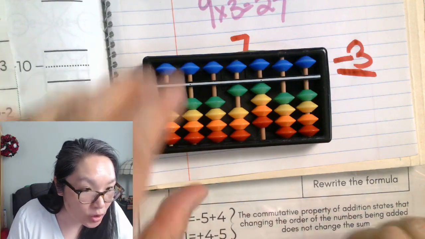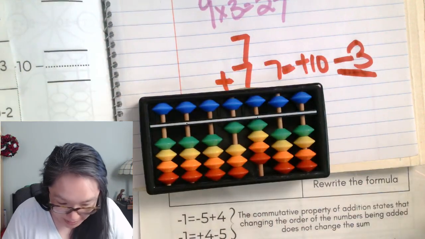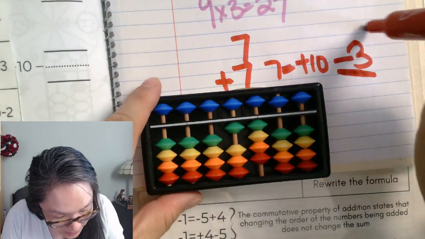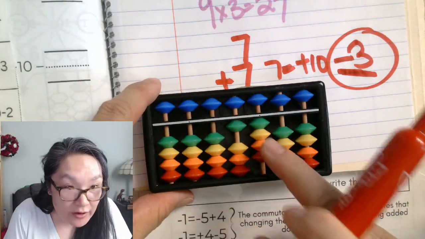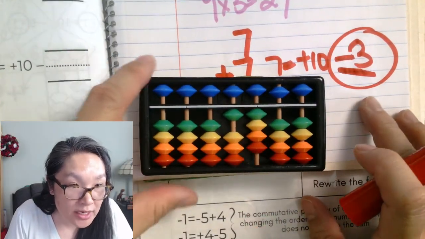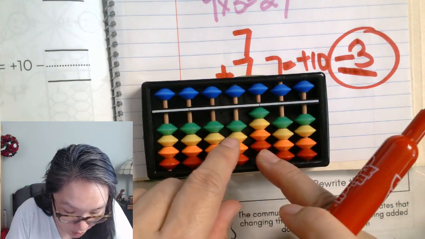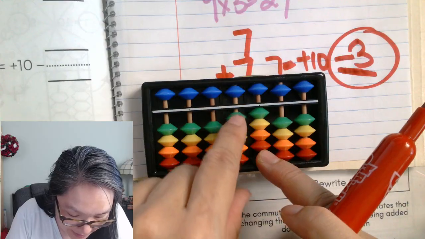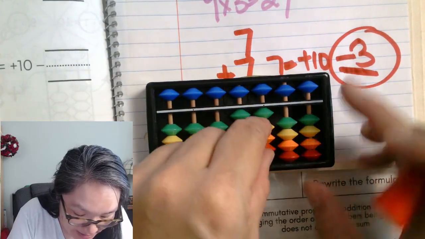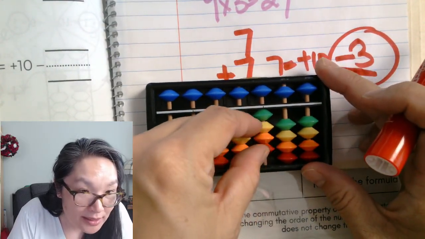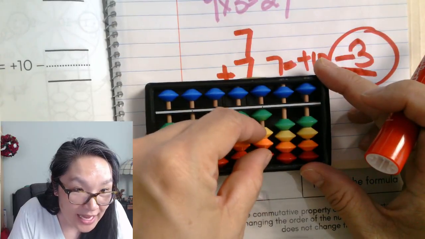So this is a two-step. Why? Because now we don't have enough beads, so we had to use another formula. If we did 4 plus 7 plus the 10 minus the 3, do you see how simple? This is a simple subtraction because I have enough beads.